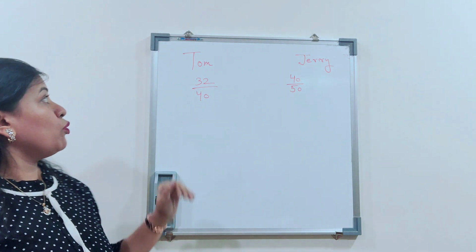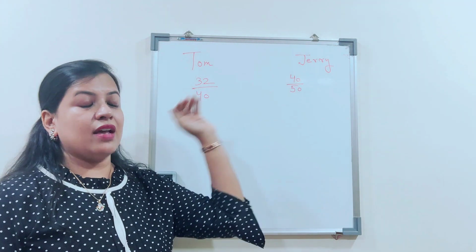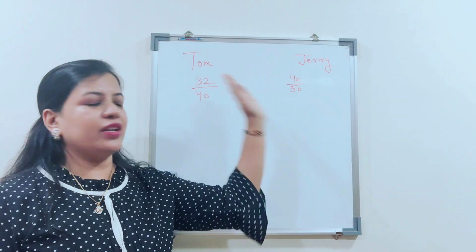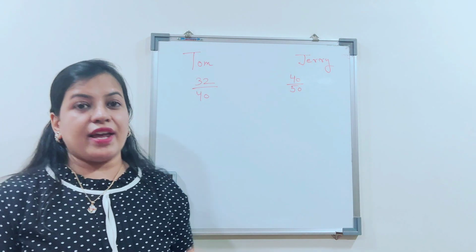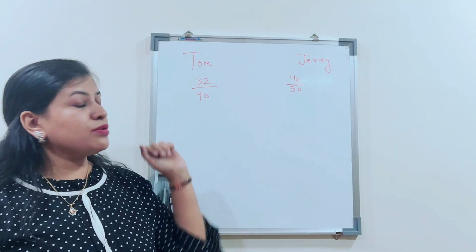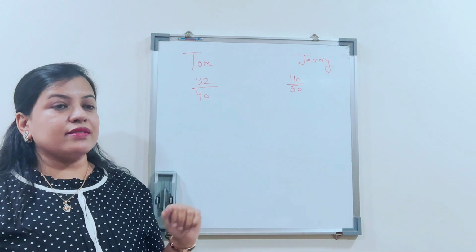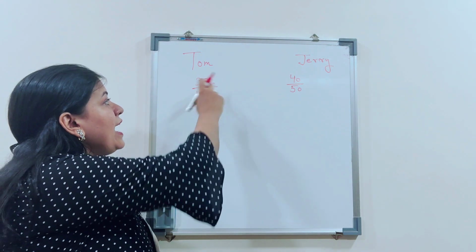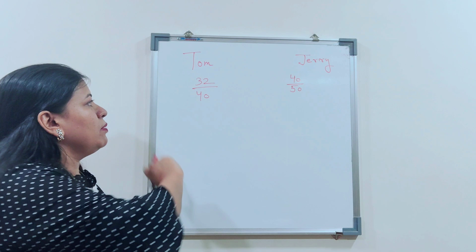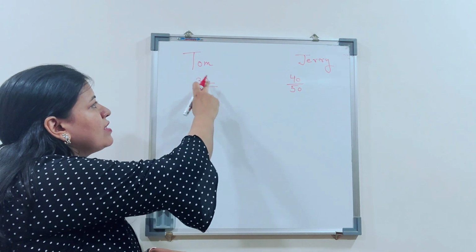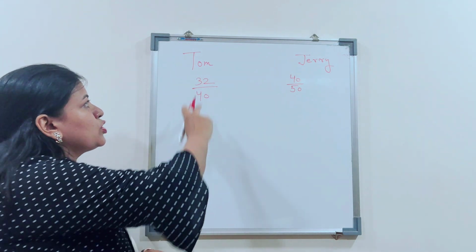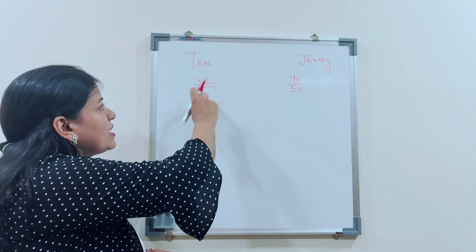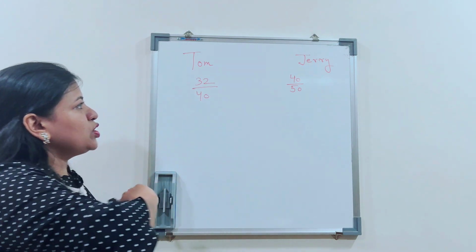Okay. Now, what Tom says to Jerry is that I fared better than you in the math test. Now, Jerry says, why do you say so? Tom replies, see, I have got 8 marks less than my total marks. Because 40 minus 32 gives you what? 8. So Tom says that he got 8 marks less than the total.